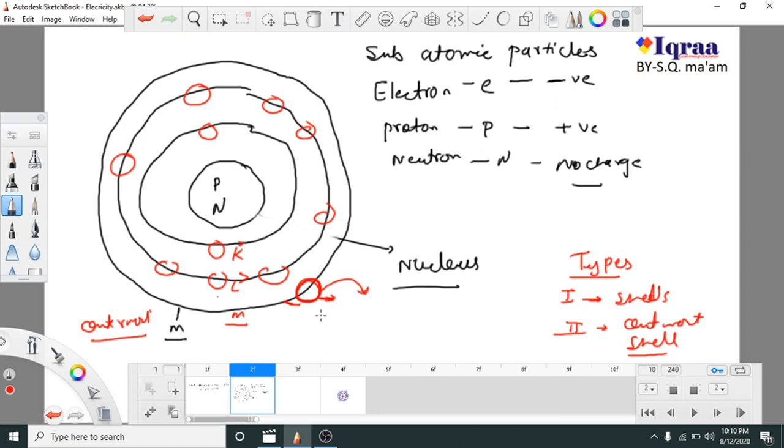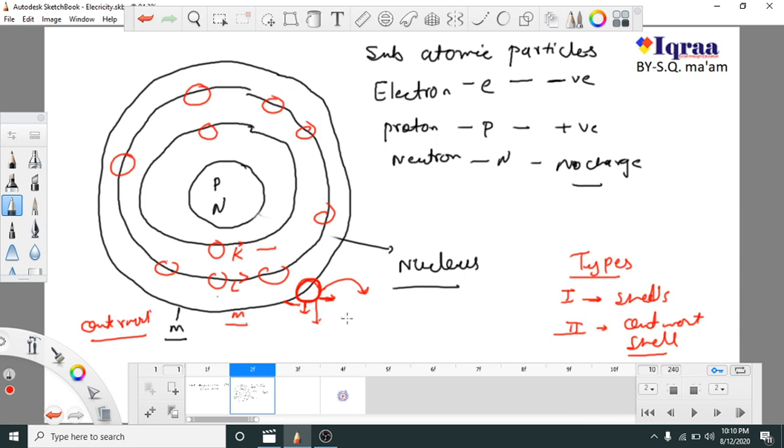You heard correctly. If the shell is N, then it comes out from N. If it is O, then it comes out from O. It can be K, it can come out from K. It can be L, it can come out from L. But the condition should be that the electron is present in the outermost shell.